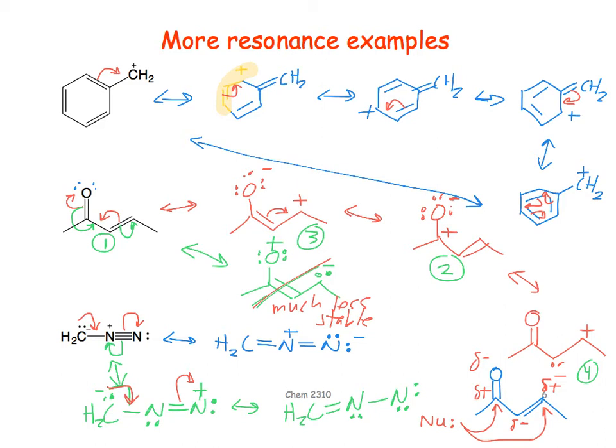Which ones have full octets for all of the atoms? First one does. Is that the only one? The one in the blue as well. So the top two have complete octets for all of the non-hydrogen atoms, of course.